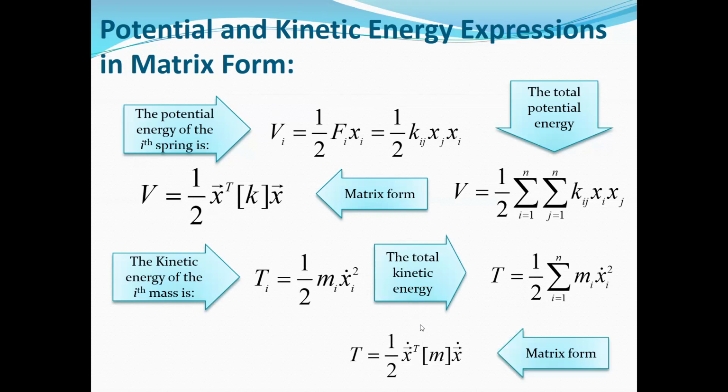Finally we can write it in the matrix form, half x dot transpose m x dot, where x dot is the vector of the velocity, the first derivative of the vector of your generalized coordinates with respect to time, and m is the matrix of the mass in your system. So this is the matrix form of the potential and kinetic energy, and you will see we can use them in the Lagrange equations.